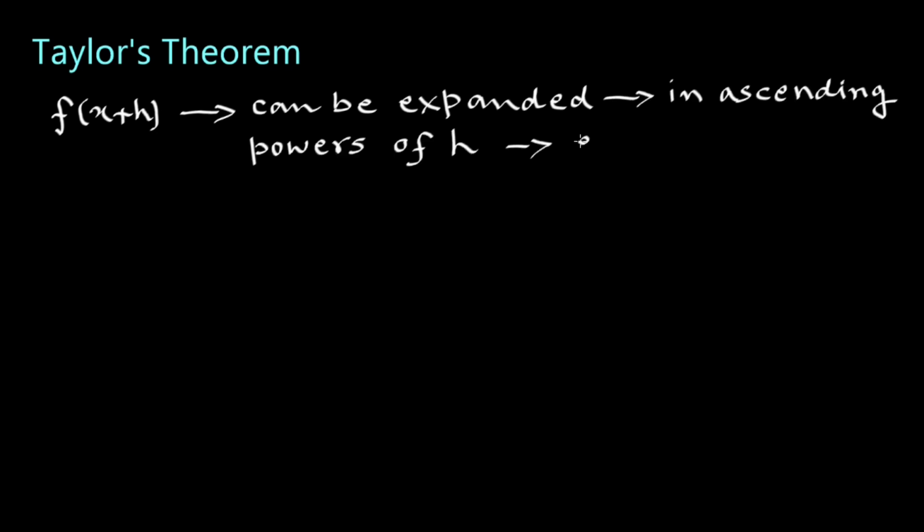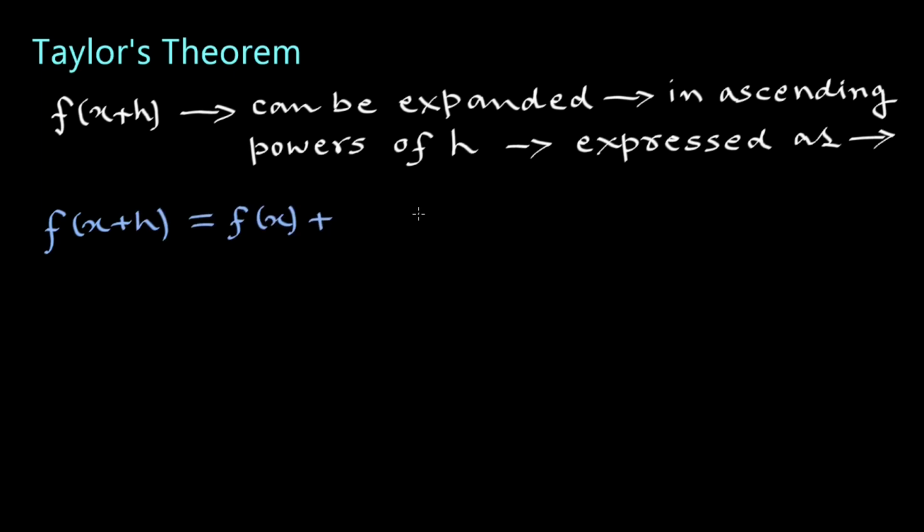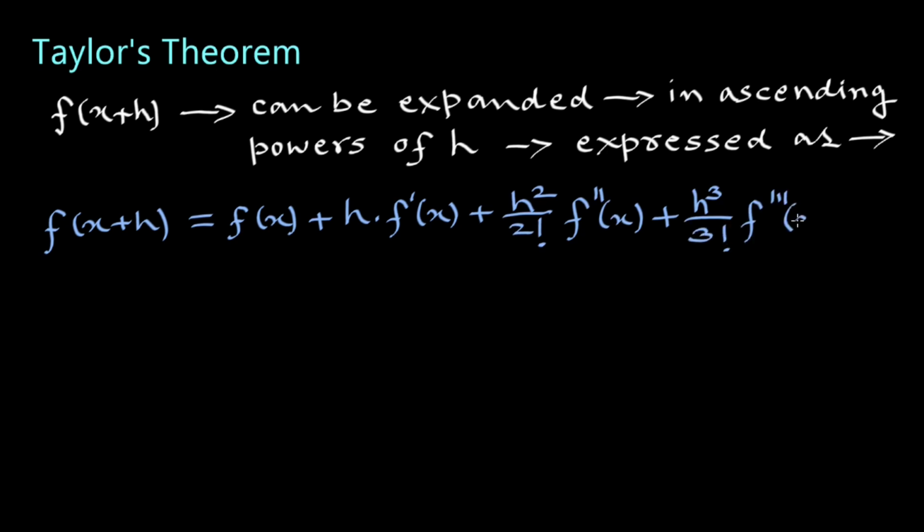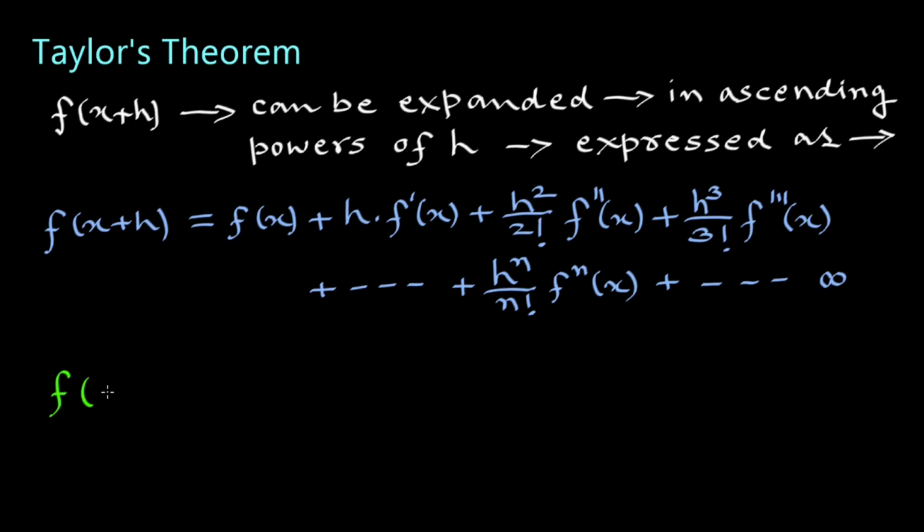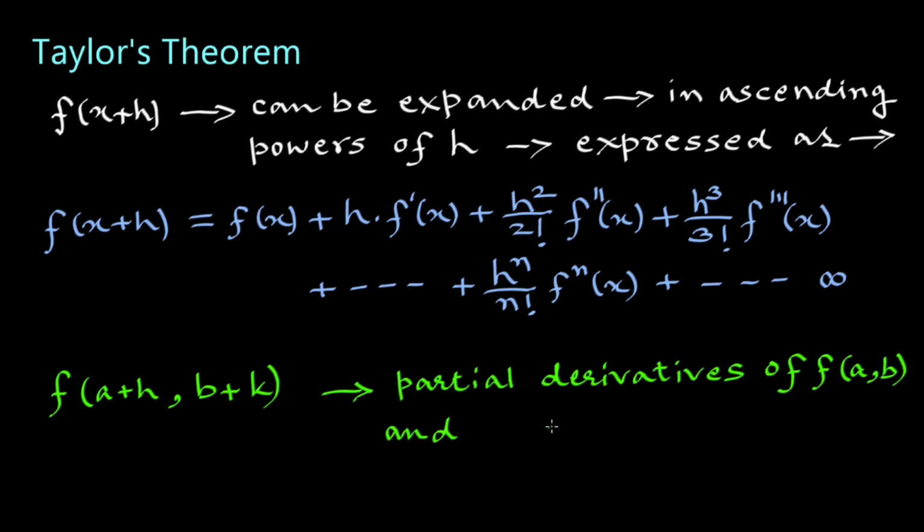It is expressed as f(x+h) equals f(x) plus h f'(x) plus h square upon 2 factorial f''(x) plus h cube upon 3 factorial f'''(x), and so forth, plus h raised to n upon n factorial nth derivative of f at x, and so forth up to infinity. On the same lines, by Taylor's theorem, we will expand f(a+h,b+k) in terms of partial derivatives of f at (a,b) and h and k.